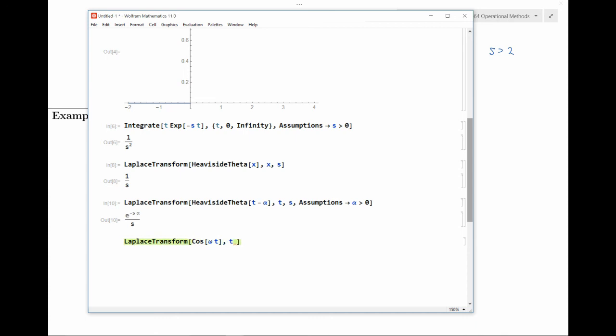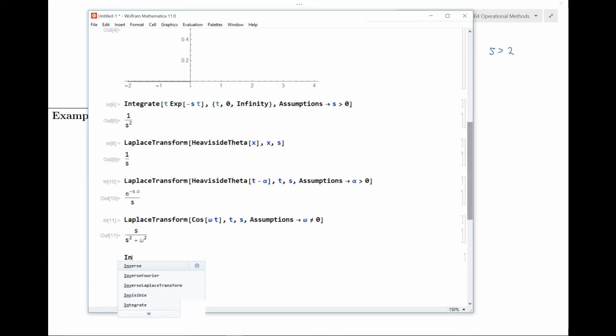The function is given in terms of t, we need the Laplace transform in terms of s, and I'm going to assume that, well, omega is not 0. And here it is.